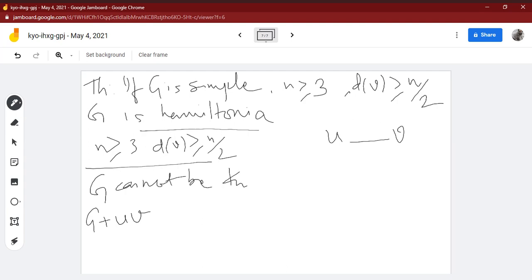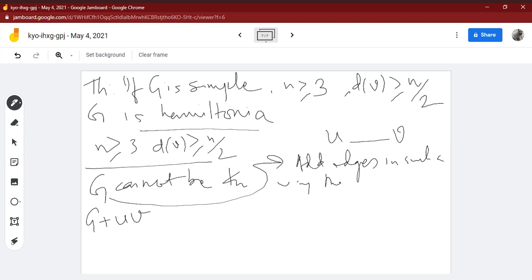Now suppose this G. In G, we add edges in such a way that G becomes maximal non-Hamiltonian.